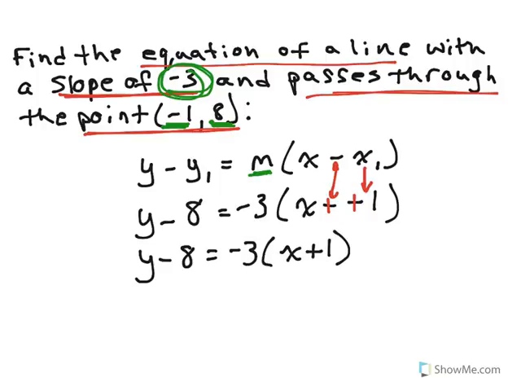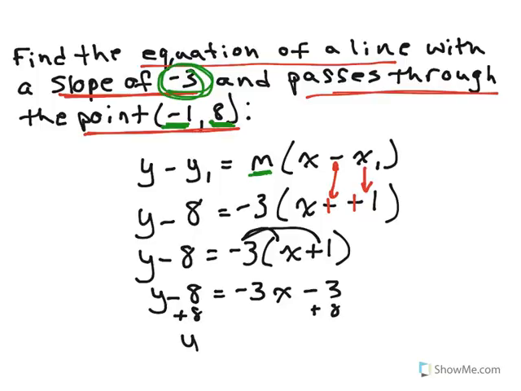Now we need to solve for y, but first we need to multiply out the negative 3, and we get y minus 8 equals negative 3x minus 3. Now we're going to add 8 to both sides of the equal sign to get y alone, and we end up with y equals negative 3x plus 5.